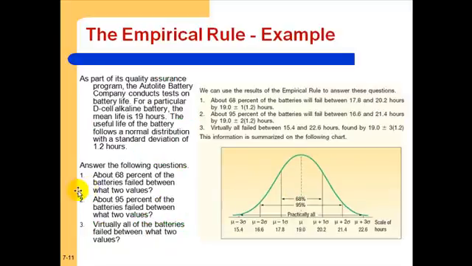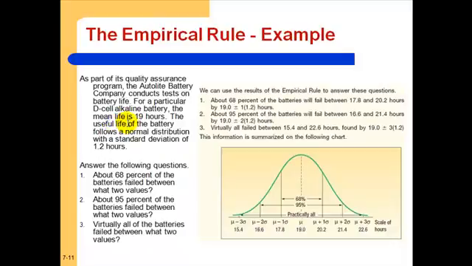Okay, let's check more examples. For the example of the empirical rule, as a part of its quality assurance program, the Autolite battery company conducts tests on the battery life for a particular D-cell alkaline battery. The mean life is 19 hours.